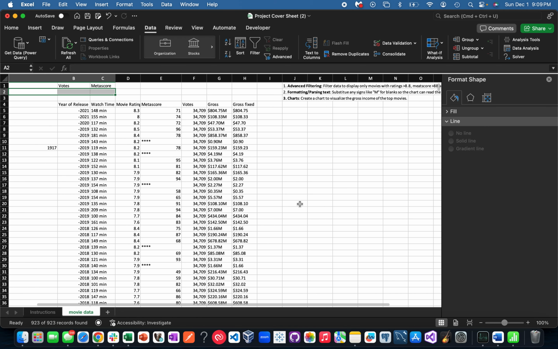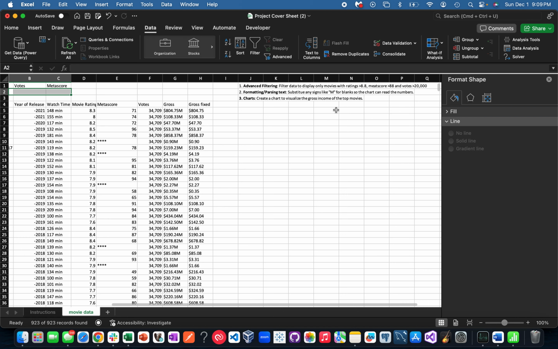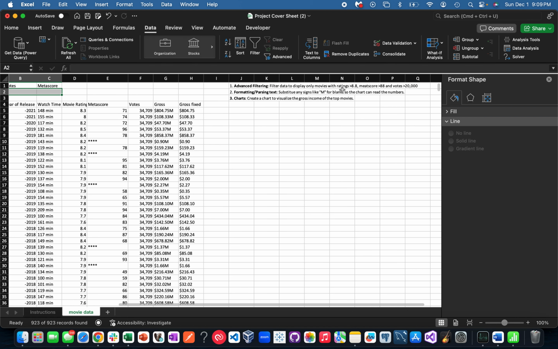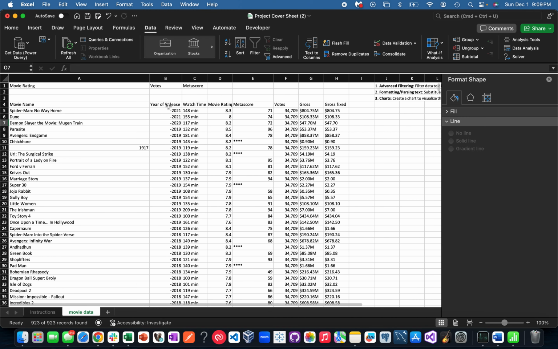So these are the three concepts I chose, starting with advanced filtering. I set some ranges. I want to display movies with a rating of 8.8 or higher and a Metascore of 88, and votes over 20,000, to make it more of a credible rating.